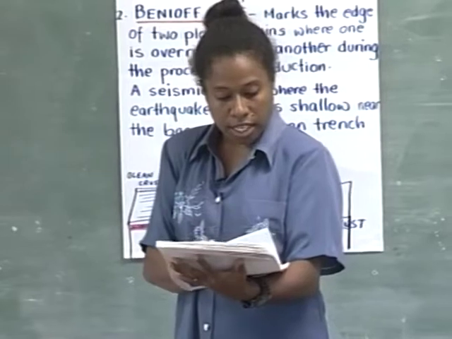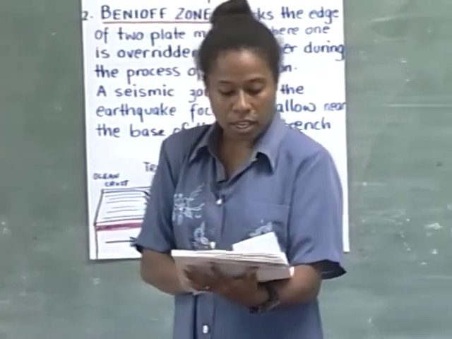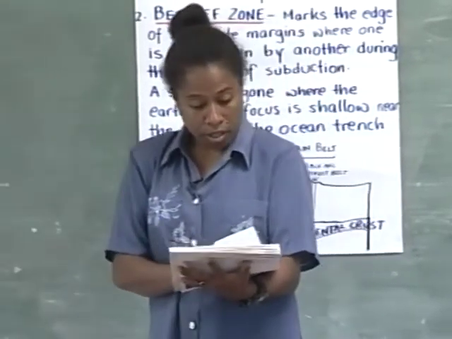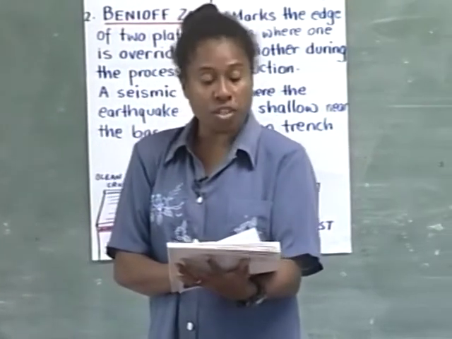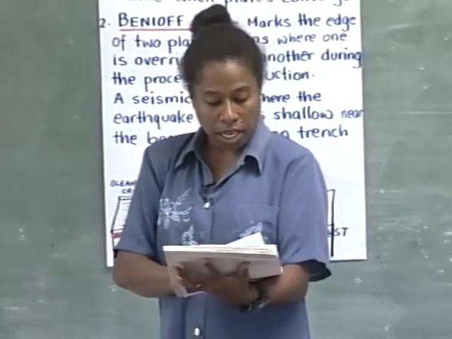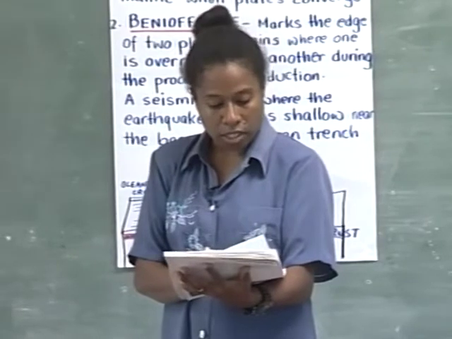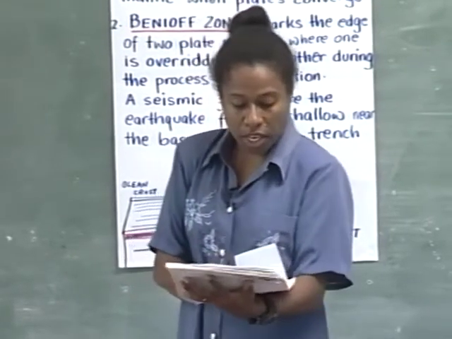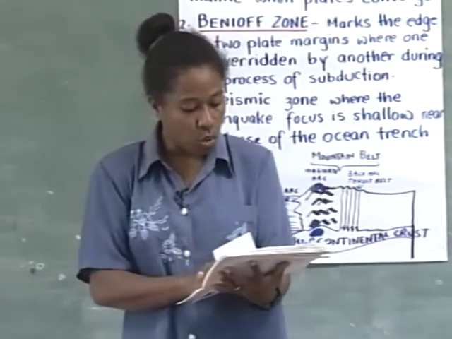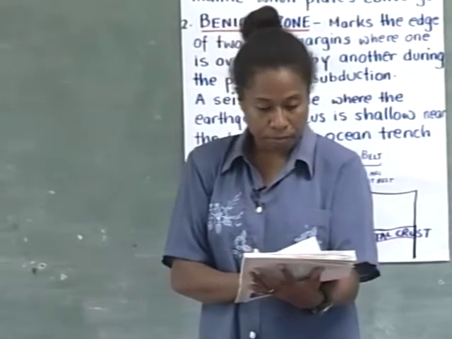It also tells us that as one plate subducts under another, a Benioff zone of shallow to intermediate and deep focus earthquakes is created within the upper portion of the downgoing lithosphere.